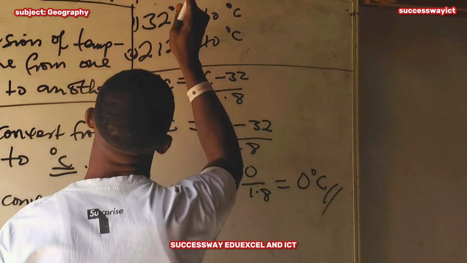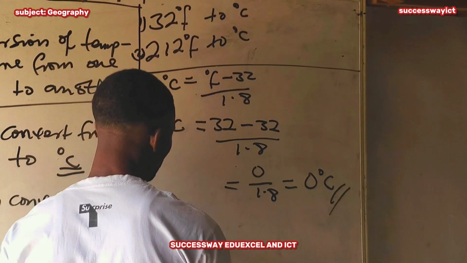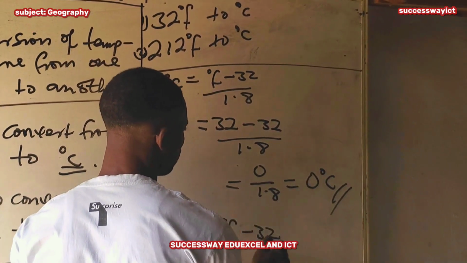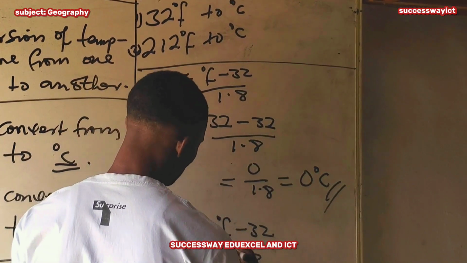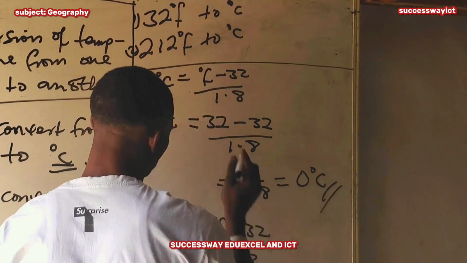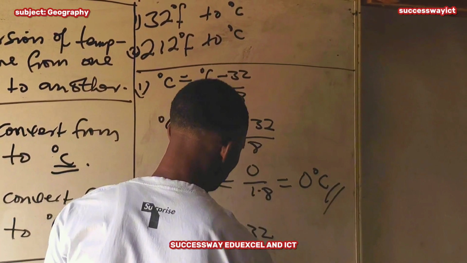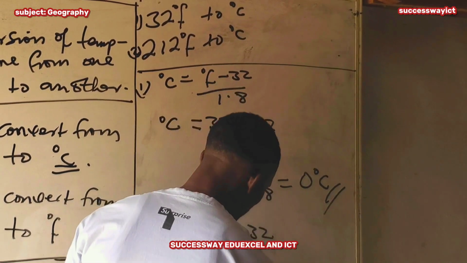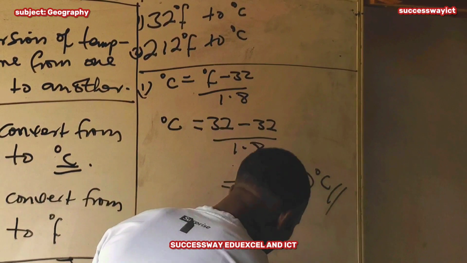Can we go to number 2? Degree centigrade equals degree Fahrenheit minus 32 over 1.8, where the Fahrenheit here is 212. So 212 minus 32 over 1.8. 212 minus 32, what do you have? 180.